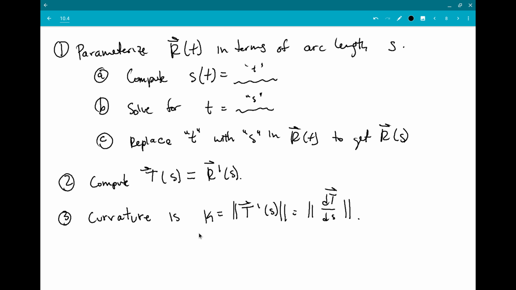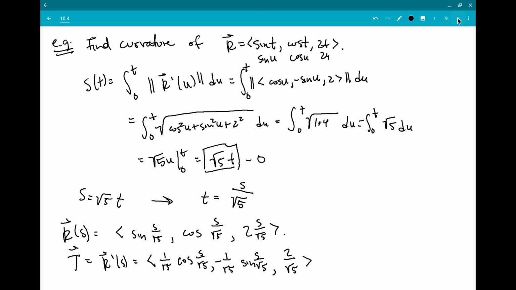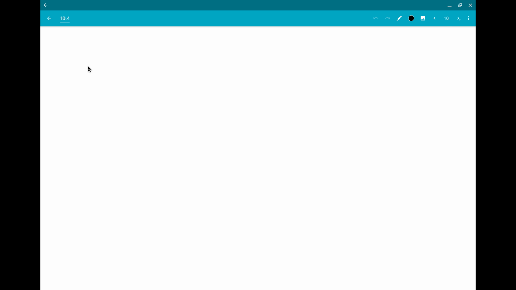Now I just want to know my curvature. How does that tangent change with respect to arc length? Unfortunately, we're going to have to move this over to a new page. My kappa is the magnitude of T prime of s.